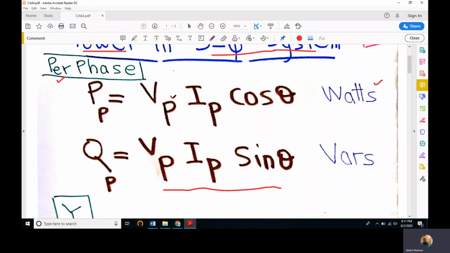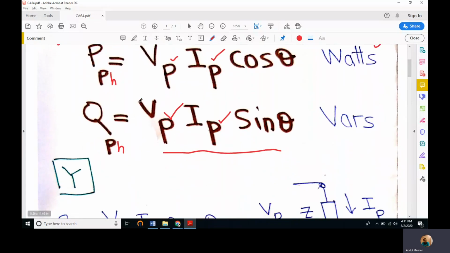The subscript P refers to the phase quantities, and this represents per phase. So P per phase is V phase times I phase times cosine of theta, and for Q it is V phase times I phase times sine of theta.